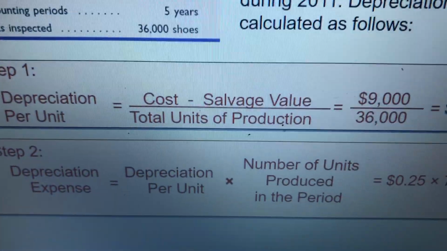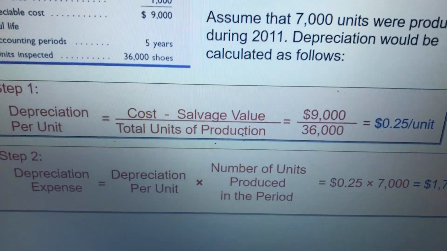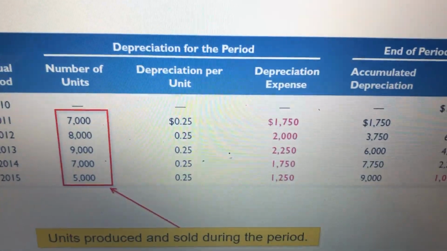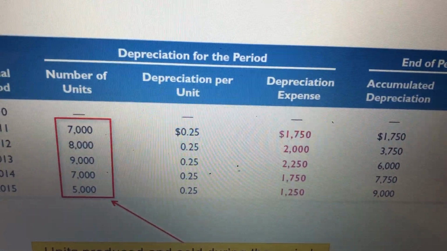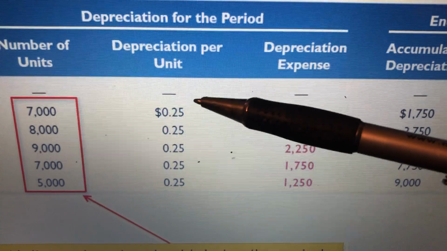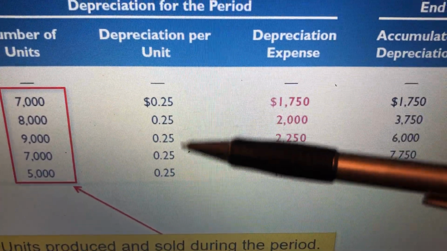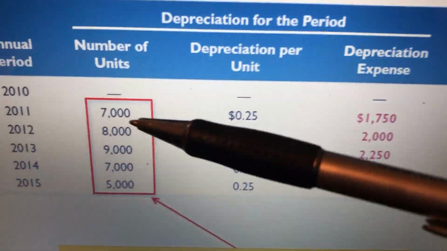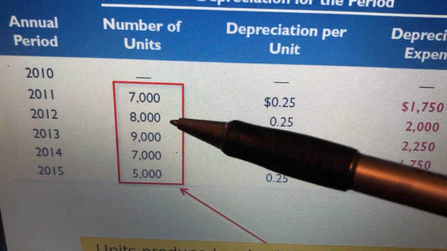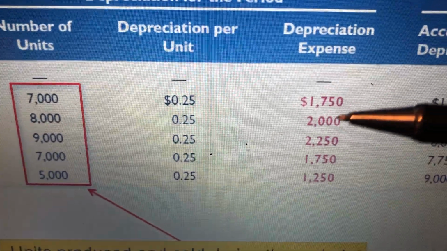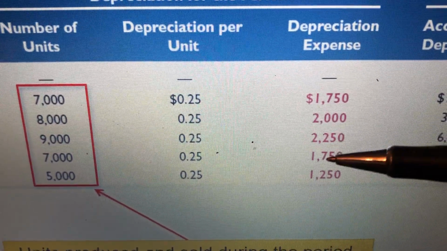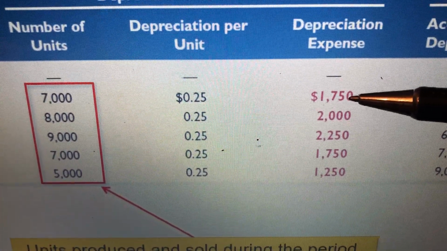Okay. Now, that's also in your PowerPoints. There's the work. I want to show you something. Okay, now, the amount that you depreciate every year is going to be the same. The number of shoes you produce every year will not be the same. So it's very seldom that your depreciation amount would be the same as it is the first year.